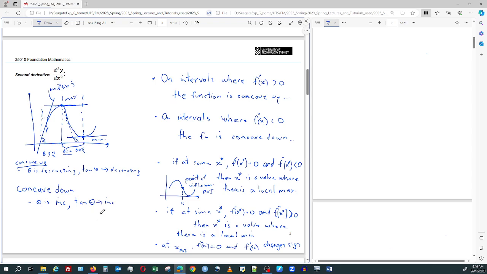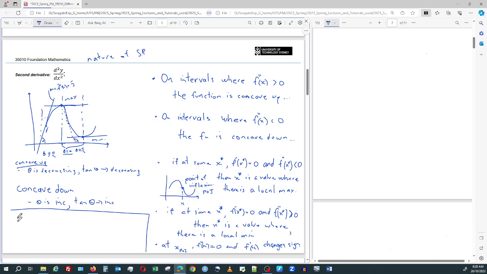So we've got another way of finding what happens. This is the nature of the turning points. Okay. Are they a stationary point? Are they a turning point? Are they a point of inflection? And so the two things that we do are that we test.